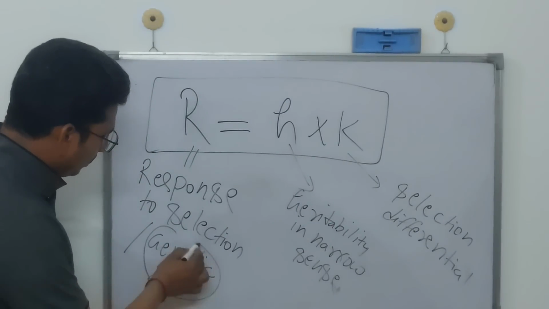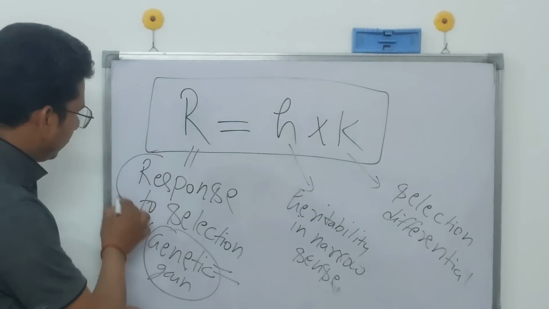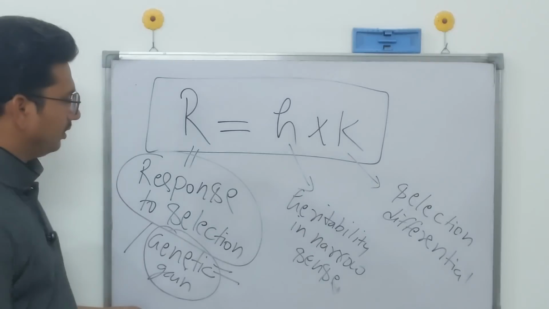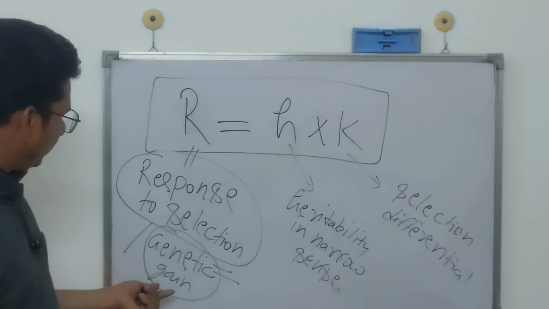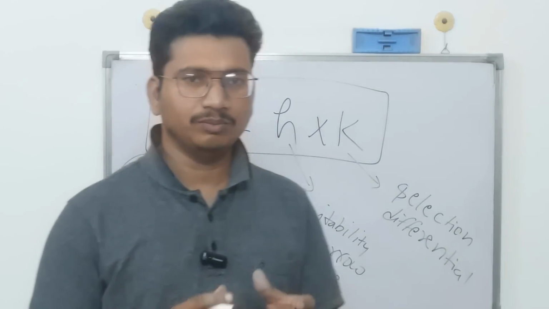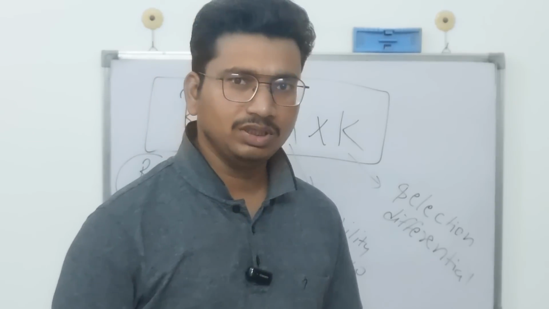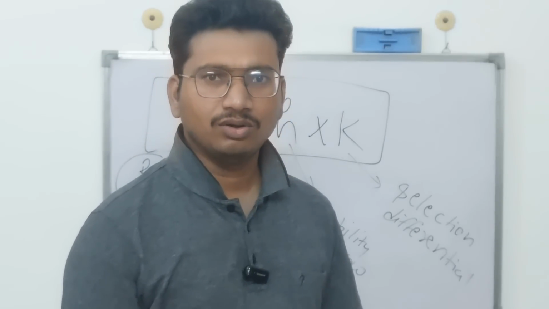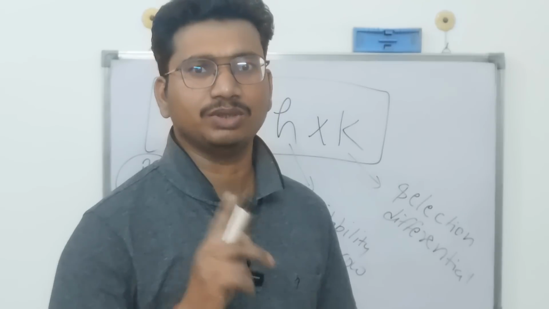In our previous video, we have discussed genetic gain or response to selection. You can watch the video. The genetic gain is the improvement in the mean phenotypic value of progeny of selected population over the progeny of unselected population or base population.